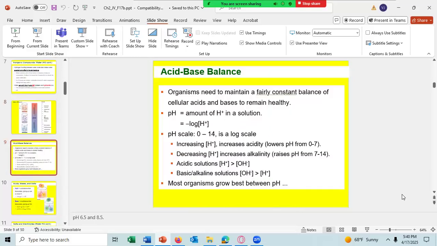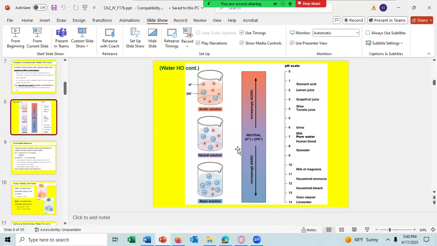All right, the acid-base balance. Organisms need to maintain a fairly constant balance of cellular acids and bases to remain healthy. And we have buffers in our blood, for example, like H2CO3 and H plus CO3, which would have like sodium H plus CO3, which help buffer our blood.